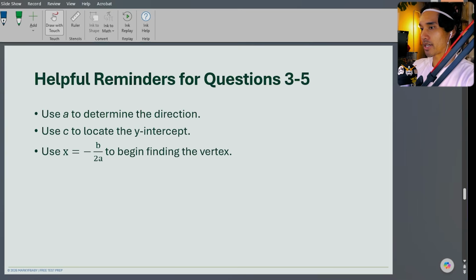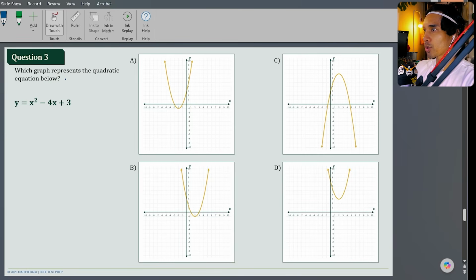Okay, question number 3. Which graph represents the quadratic equation below? So we have y is equal to x squared minus 4x plus 3. The first thing that I look at is A. I see here that it's x squared, and that is 1, and that is a positive parabola.